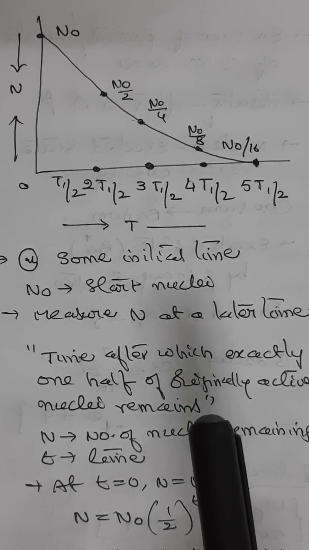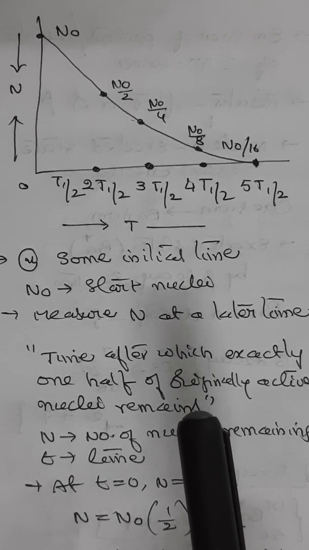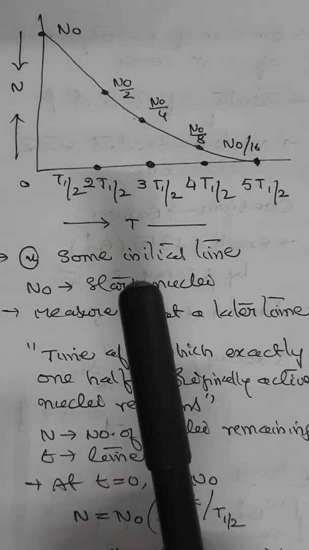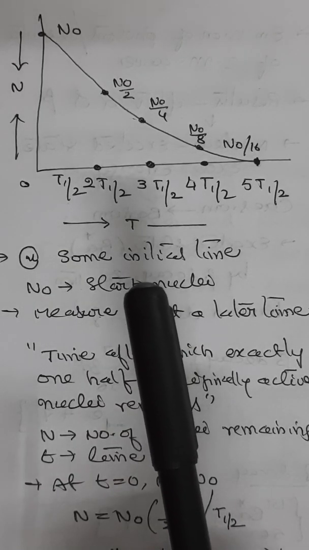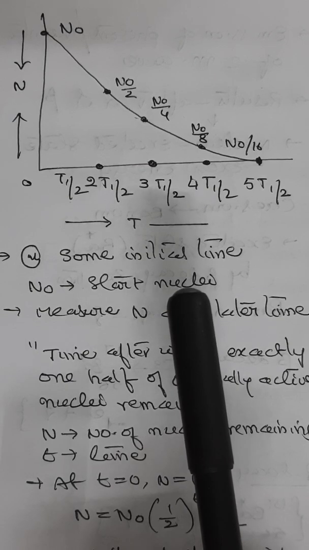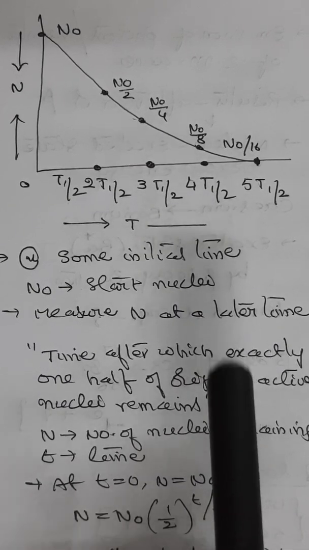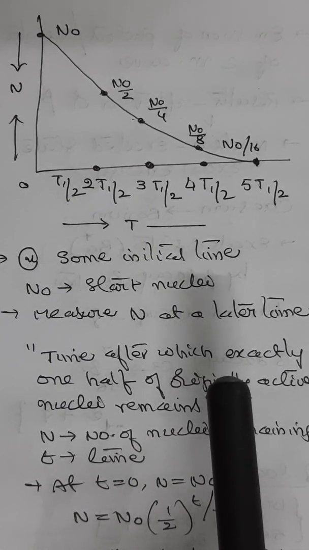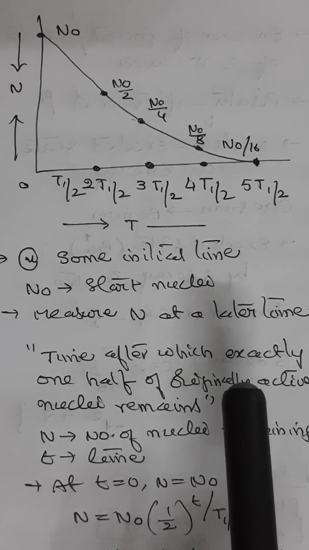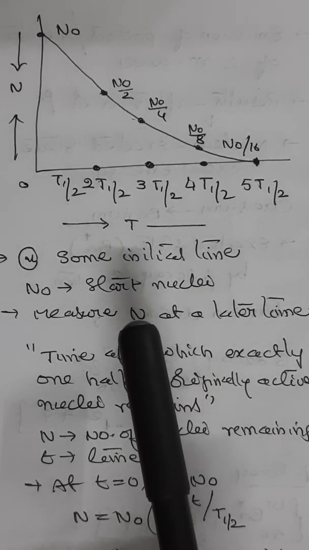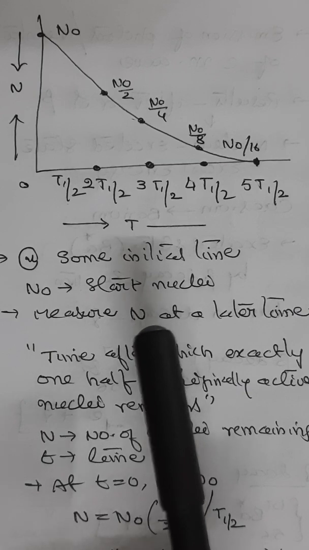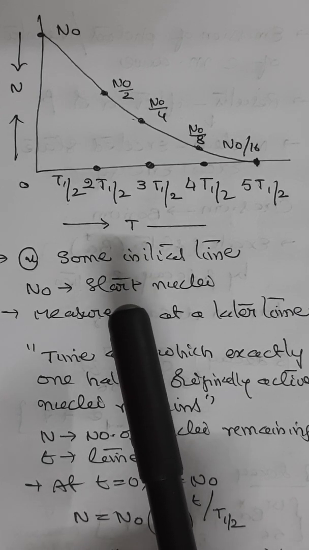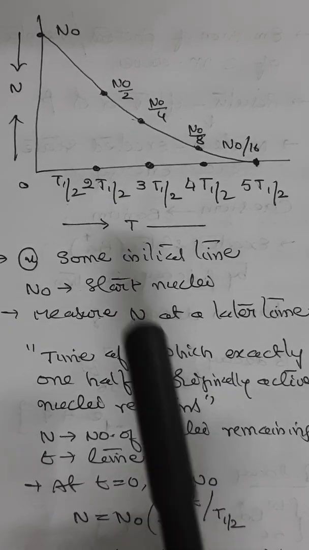Suppose at some initial time we start with, let us say, N0. N0 is the number of radioactive nuclei. And when we want to measure the number at a later time t, let it be N. After some time, the number of nuclei is N. Originally, it is N0. We can find that this N behaves like this graph.